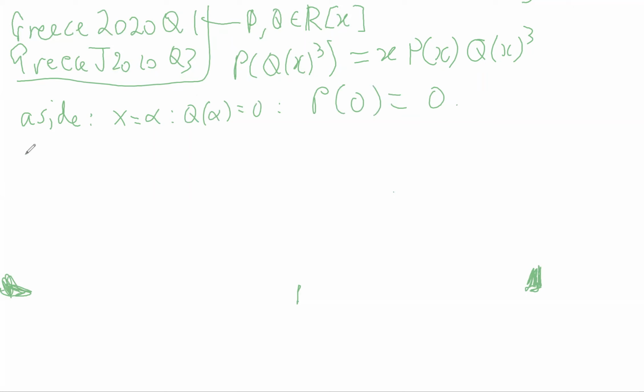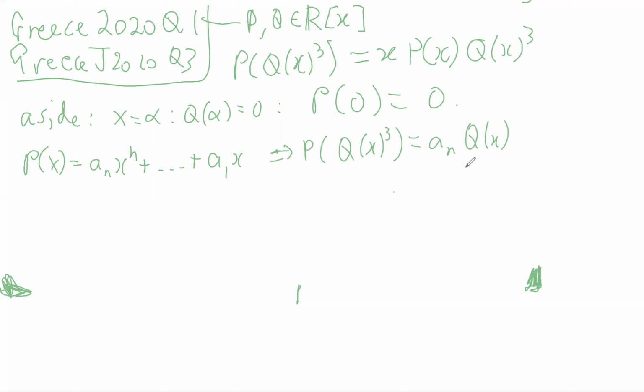And if P is some polynomial like a_n x to the n plus ... plus a_1 x, with a_0 being 0, then P of Q of x cubed is just equal to a_n Q of x cubed to the n, plus a_1 Q of x cubed, and that's supposed to equal x P of x times Q of x cubed.